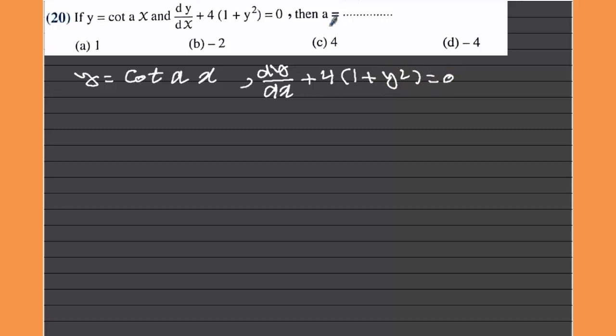The required here is to find a. What is the value of a? So we have here y equals cotan ax.